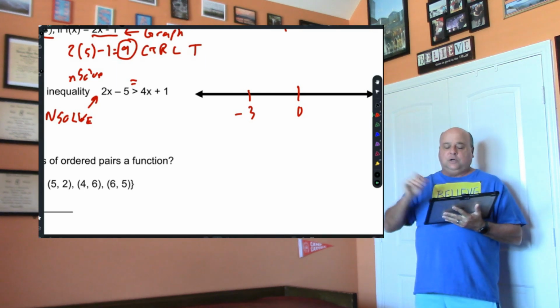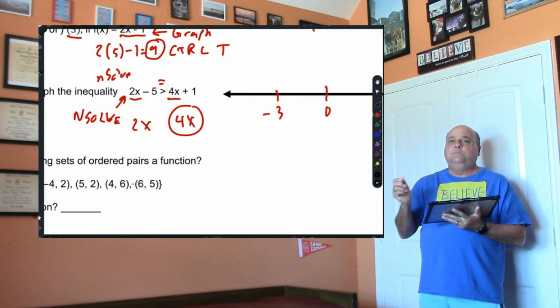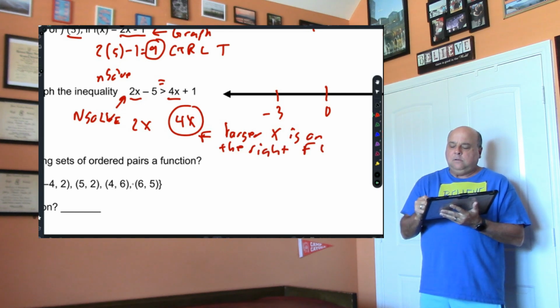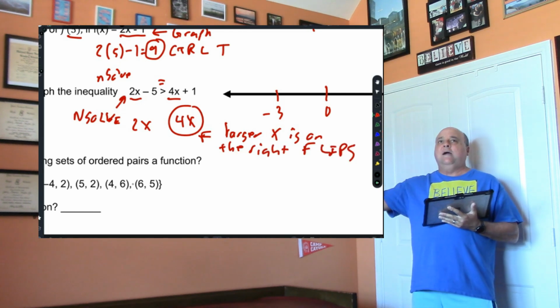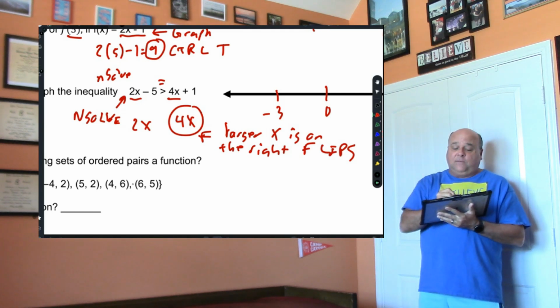Now I'm going to show you a trick here. Look at your x's. You have a 2x and a 4x. The 4x is bigger. If the larger x is on the right, it flips. So the value of x on the right is more than the value of the x on the left.